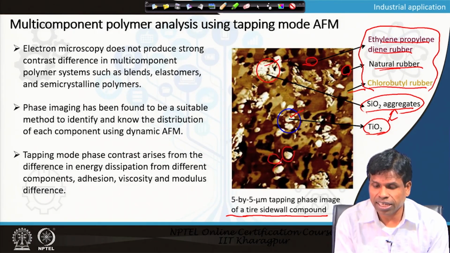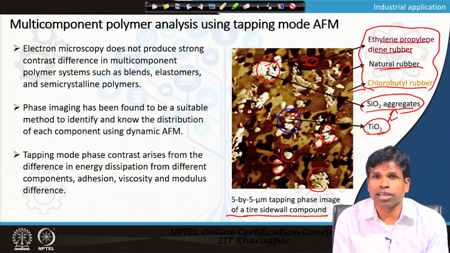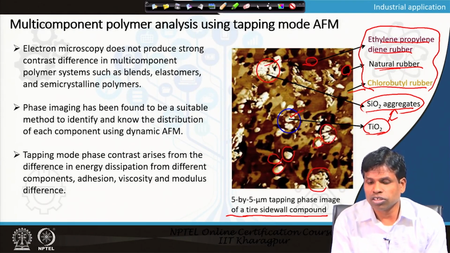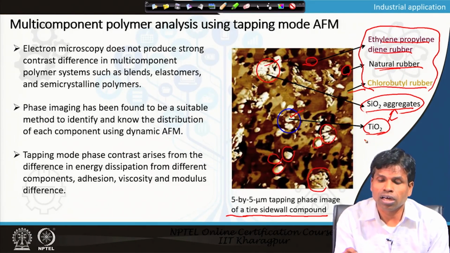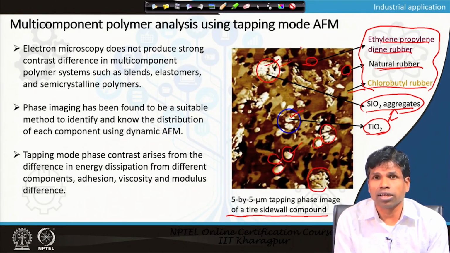The shapes can be clearly different, like SiO2 is appearing as aggregates, but TiO2 is a single particle of plate type shape. Otherwise, if they have exactly the same shape, then AFM is not a suitable technique, but scanning electron microscopy can be utilized to map their composition using a backscattered electron detector.